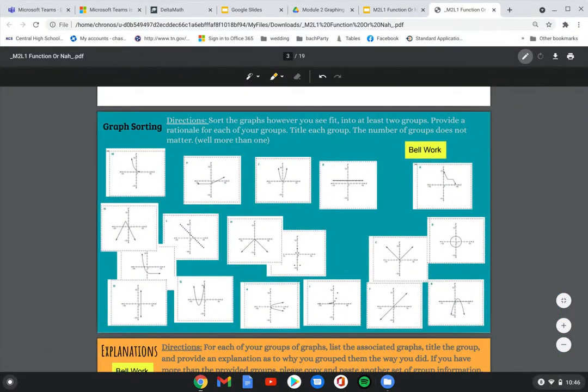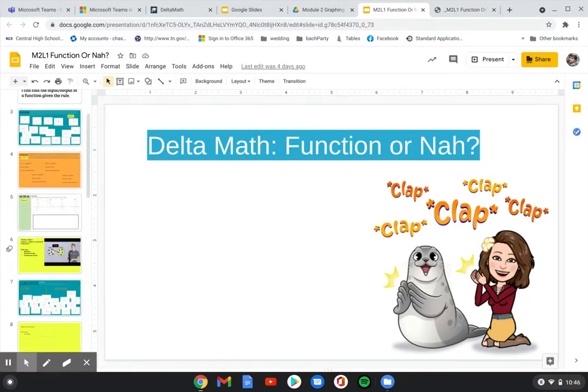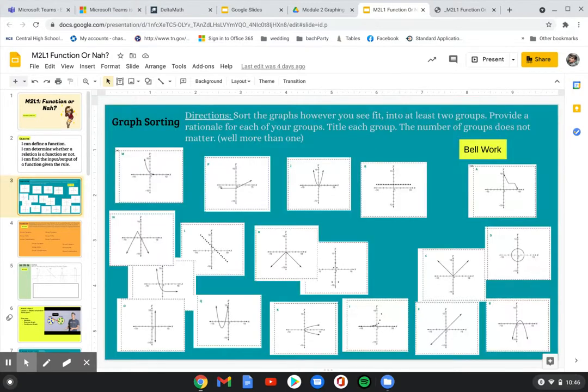Basically, what you're going to do is put these into categories, kind of like we did with the numbers on the first day. Any categories you want. I need at least 2 categories, but there should be more.